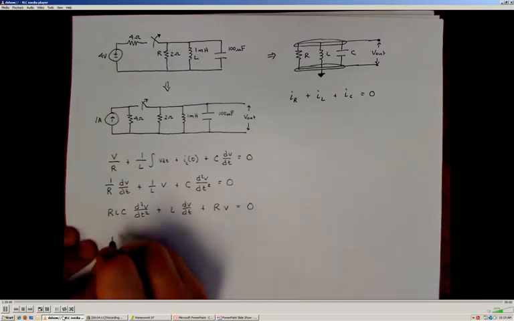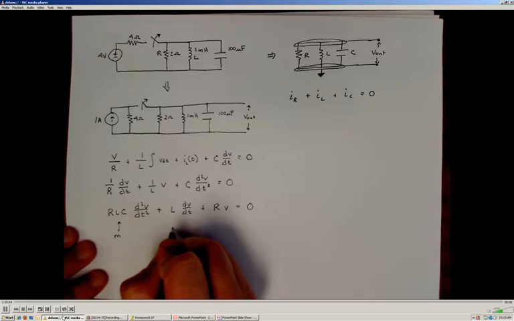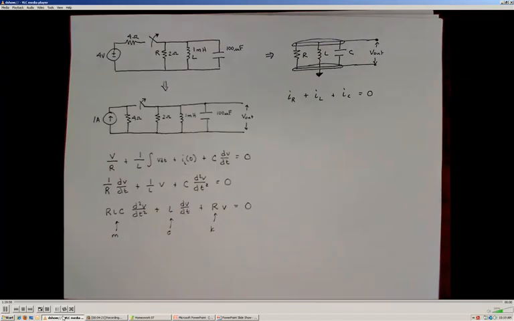Now that this is in standard form, that's M, that's my damping coefficient, and this is the stiffness of the system. Using those values, I can determine what type of second order system response I can expect.